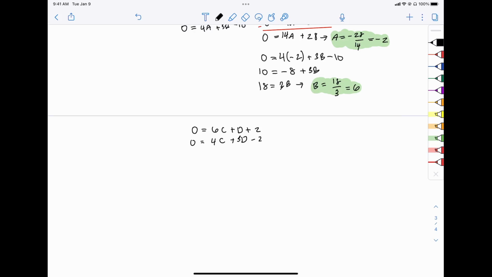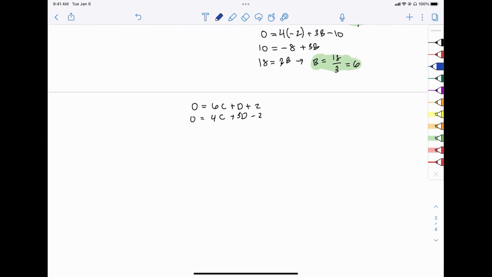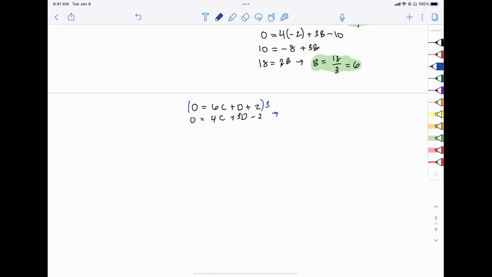Same idea. I think we just multiplied this one by 3 to where I would get 0 equals 18c plus 3d plus 6.